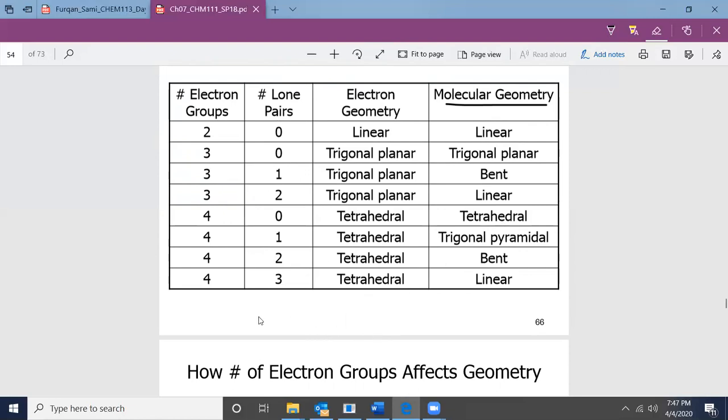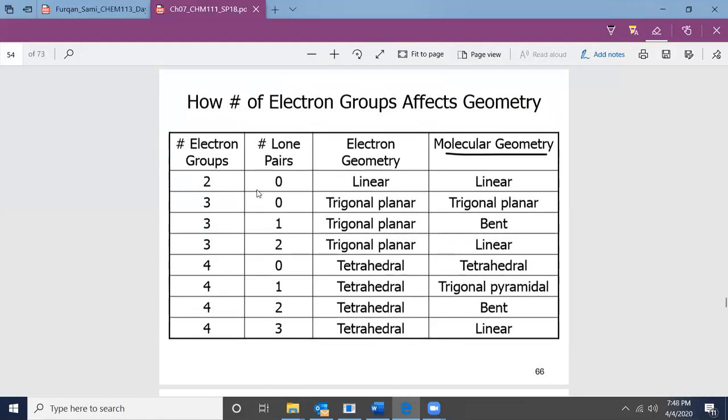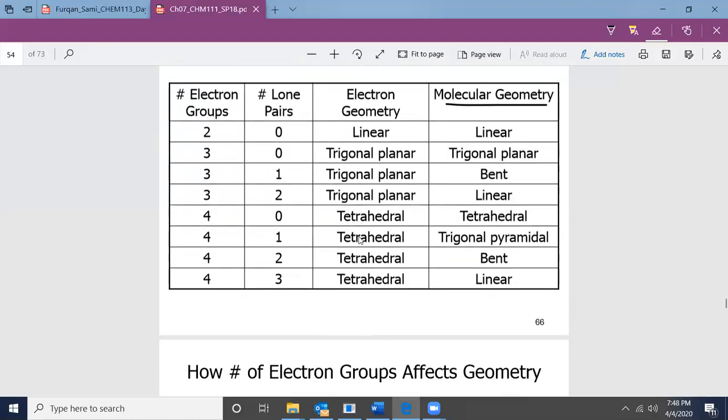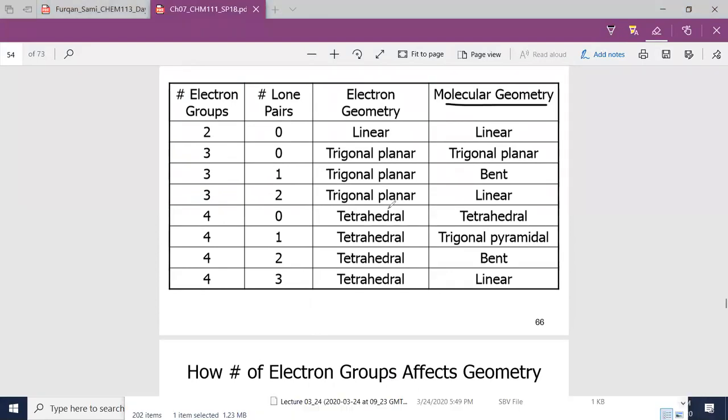So if we are looking at carbon dioxide, let's say, the Lewis structure for carbon dioxide is C double bonded to O here, and then double bonded to O here. Definitely there are going to be lone pairs on the oxygen, but that has nothing to do with the shape.